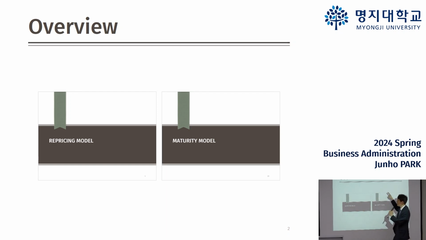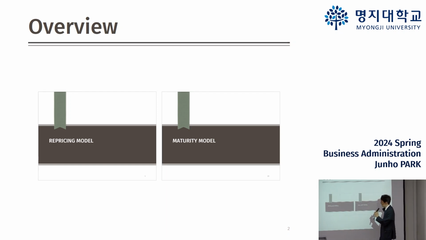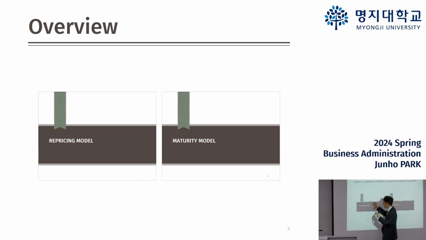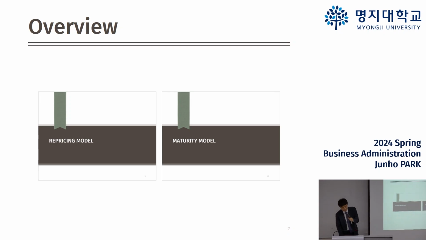And in the next chapter, chapter 9, we are going to learn about the duration model, which is a new and more applicable model that explains the interest rate risk. So we are going to start from the traditional explanation, the repricing model.